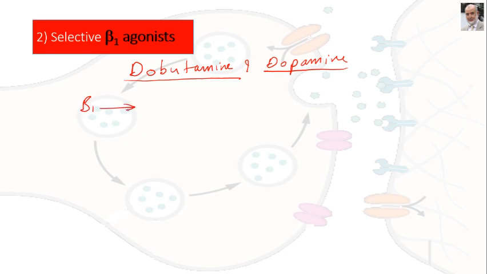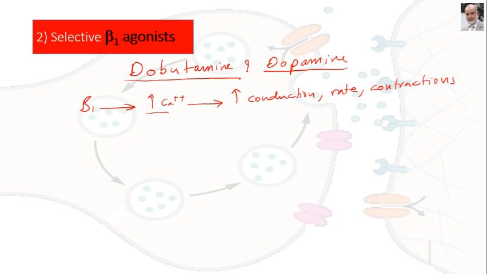As we know, beta-1 stimulation will result in an increase of calcium level in the heart, and this increase in calcium level will increase conduction rate, heart rate, and heart contraction. So all the functions in the heart will be increased by stimulation of beta-1 receptors.